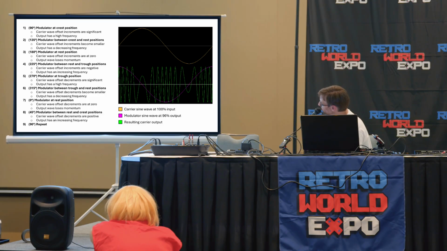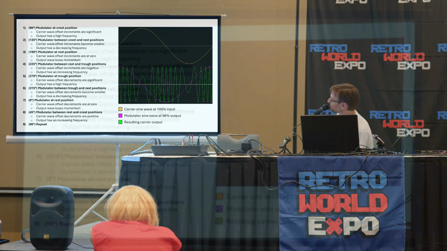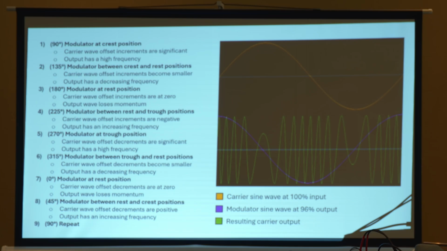And just to put a fine point on this, this is why that happens. This purple line here is your modulator. At its peak, at its highest point, those carrier waves are really tight, so it's a very high frequency. As it comes down to the middle here, that's the 0 point. This is positive, negative, this is 0.